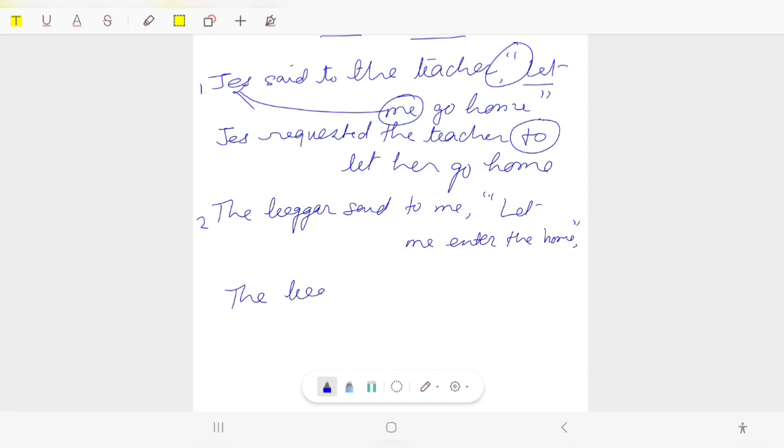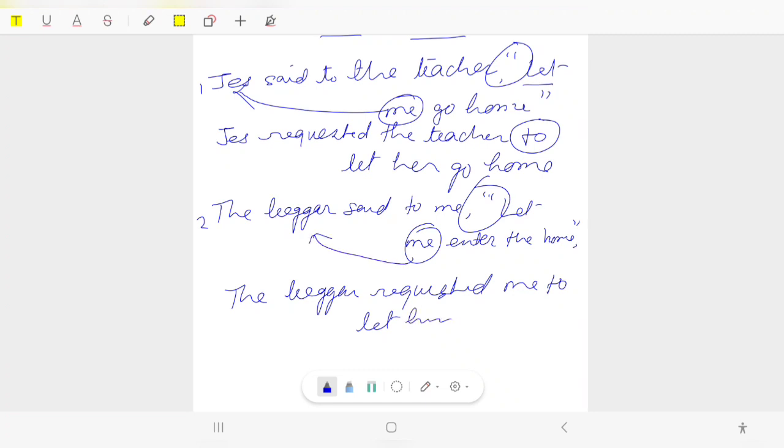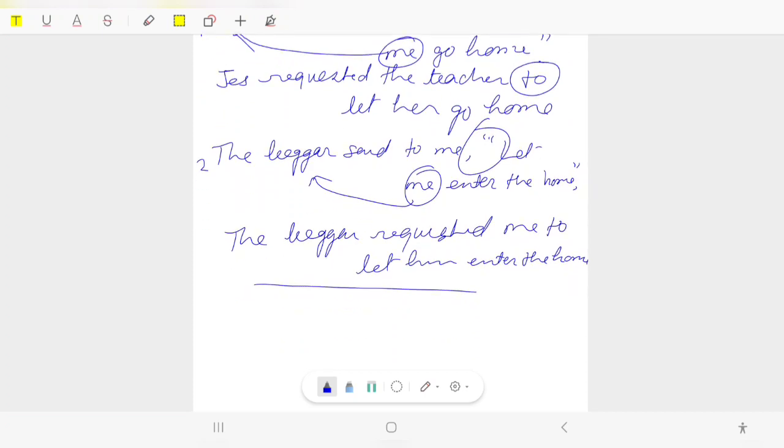So the beggar requested me, inverted commas removed, add to. The beggar requested me to let first person according to beggar, so him, enter the home. So when let is used as request, we change like this.